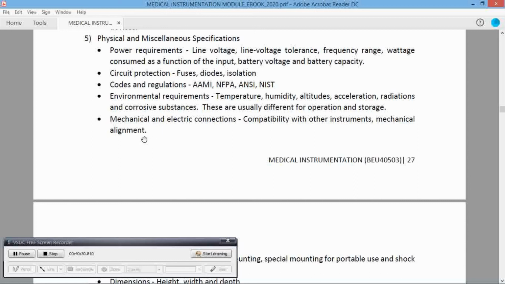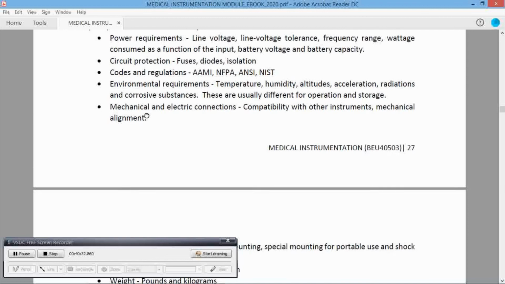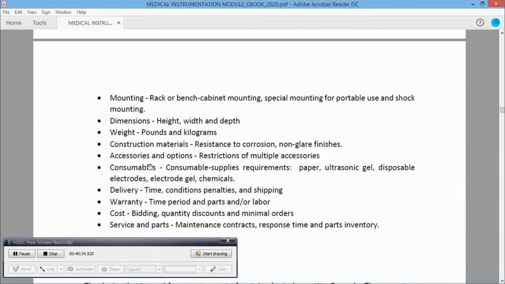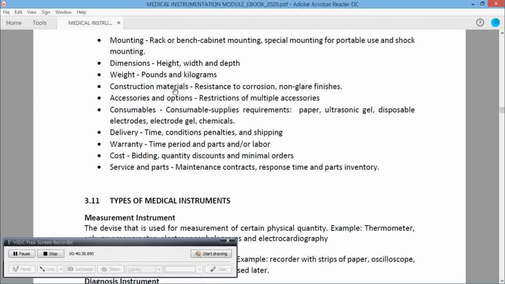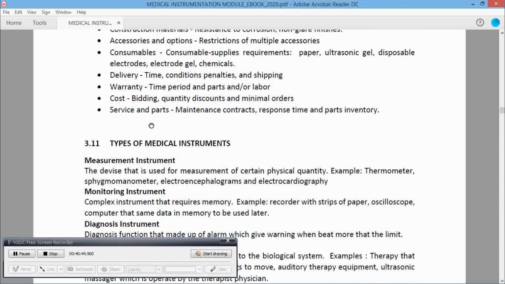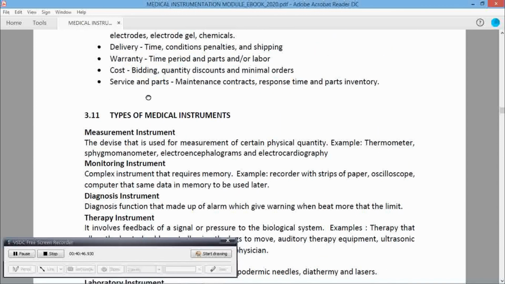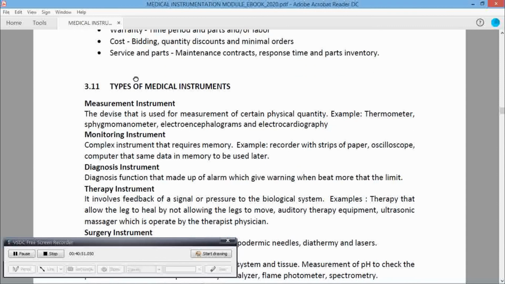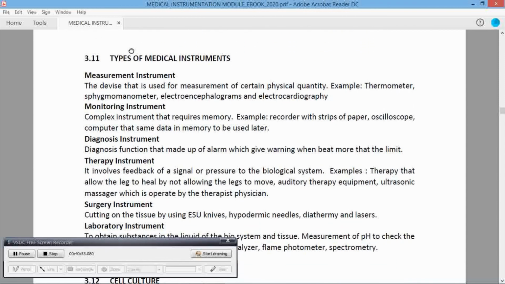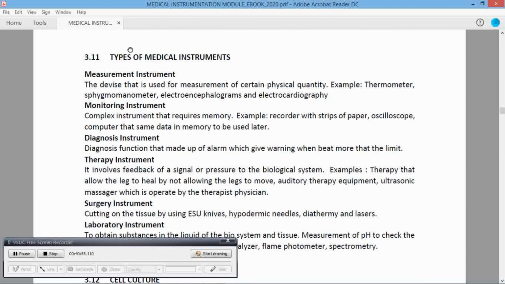What are the technicals that been focused? Okay, same here as well. Consumables, delivery, warranties, and all these are the specs that should be included in the product specification, and also the technical constraint. Right.